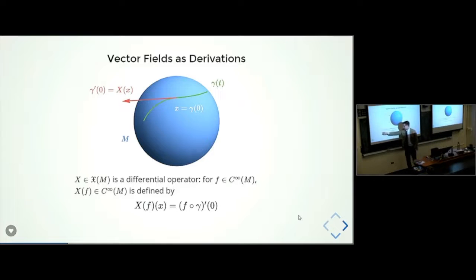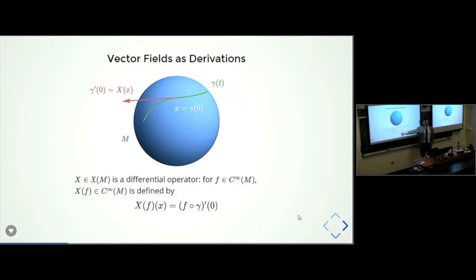Okay, so I have a function, I hit it with a vector field, and that's supposed to be some new function. What is the value of that new function at this point? Well, gamma is a map from an interval into my manifold, and then f is a map from the manifold to R. So if I do gamma and then f, I have a map from an interval to R, right?